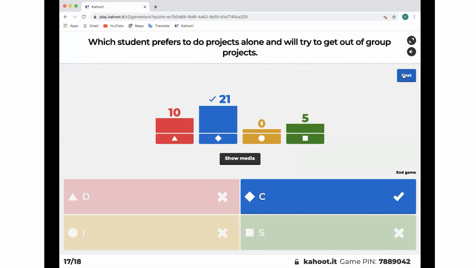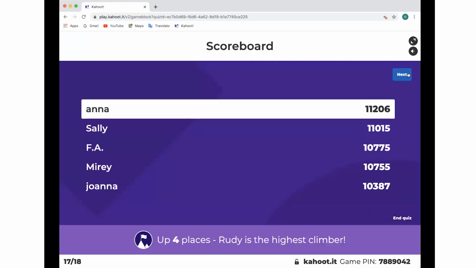But if they take the leadership of the groups, a D will. But C's, by definition, will not like to work in groups. They like to do projects alone, and they would try to get out of group projects. And the last one.